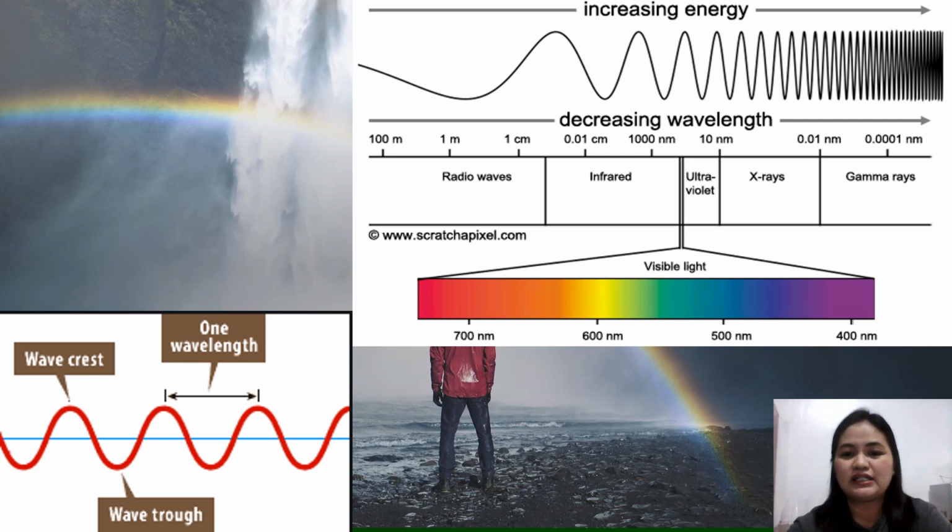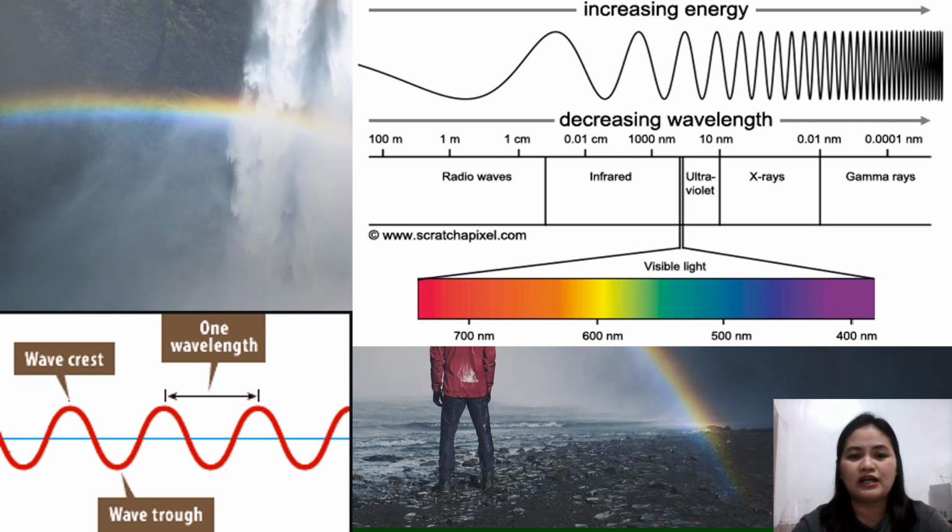Okay. Next, we have the wavelength. Alam niyo na yung wavelength, di ba? The distance between two crests. From left to right, the wavelength is decreasing. You can notice it in the sketch. The wavelength is getting shorter as you go to the right direction. What is meant by this?